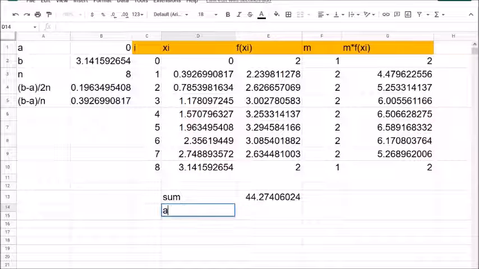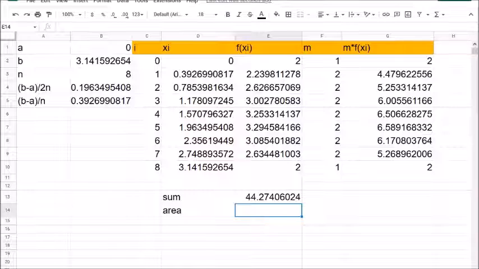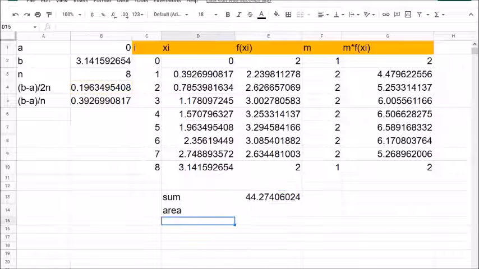And so the area of the 8 trapezoids would be b minus a over 2n, and then times the sum, which is this. And so the area of the 8 trapezoids is about 8.693191.